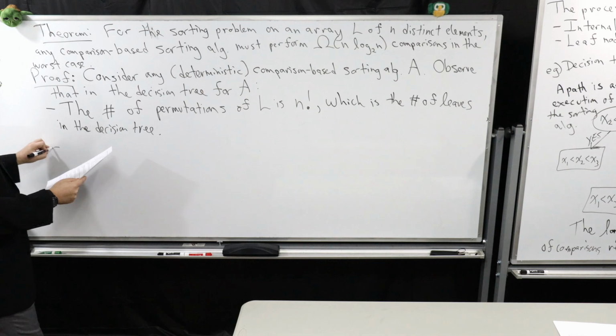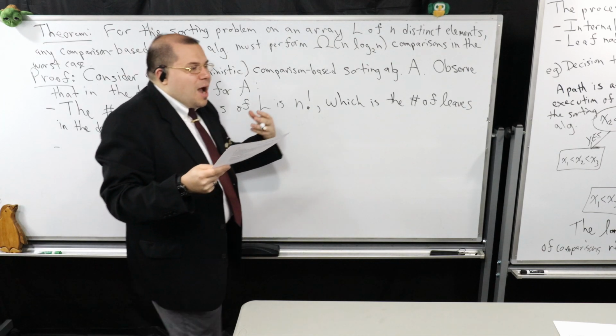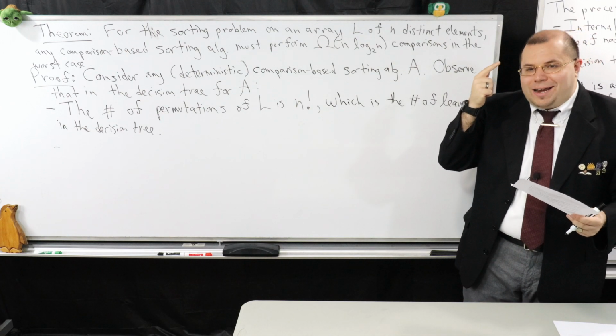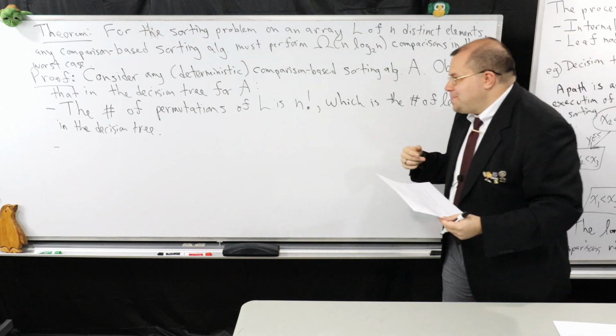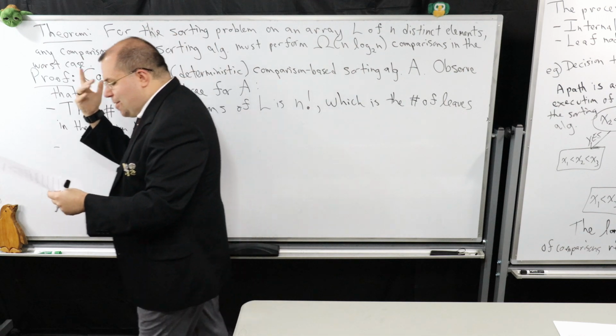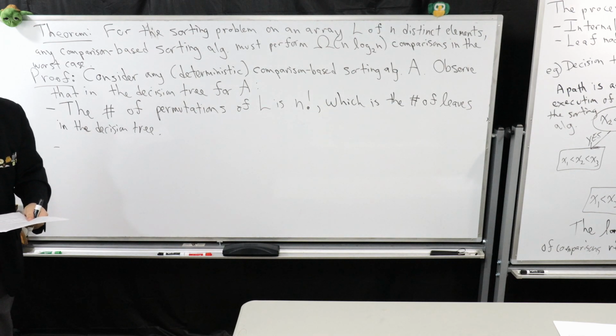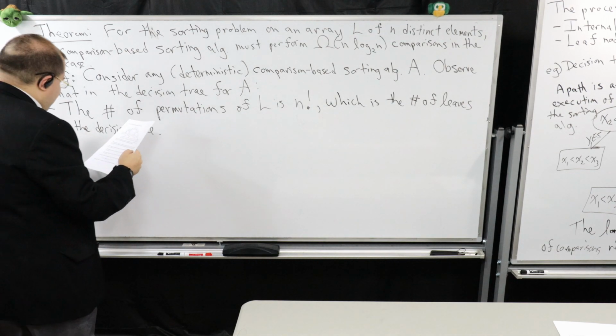Now this is where I want you to think back to something about so-called binary trees. What's the maximum number of leaves you can have in a tree with height h? Just think about that, and I'm going to start writing.